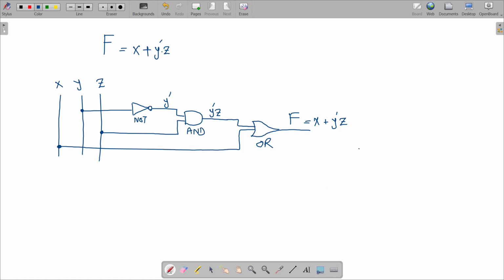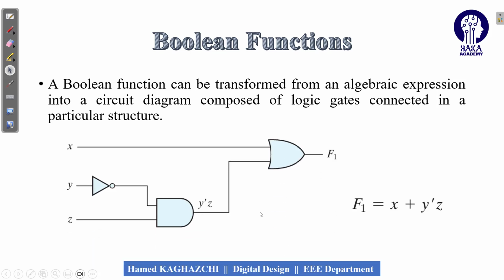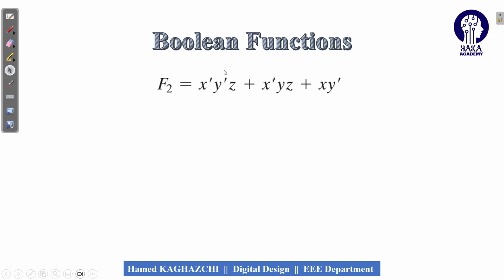Now, using this concept, I could draw the digital circuit or logic diagram of the Boolean function. And here you can see how we could produce it. Now, let's draw the digital circuit of this other function. Again, you can see that here we have x prime y prime z, x prime y z, x y prime. So now look, how many gates do I need to produce this circuit?